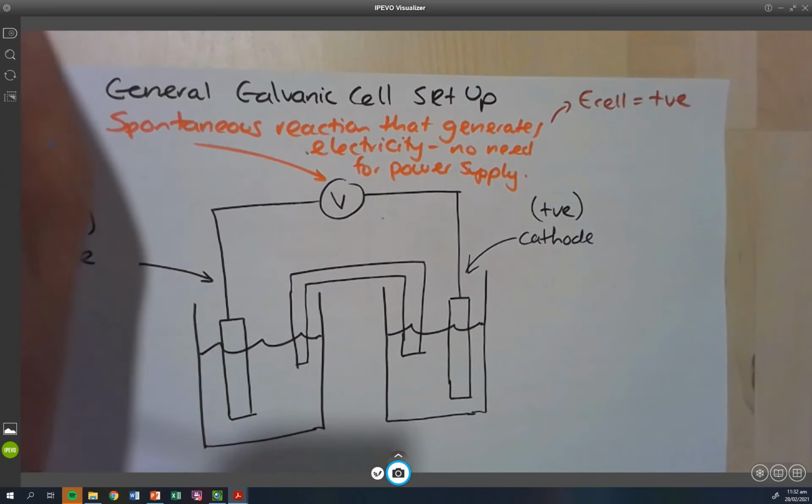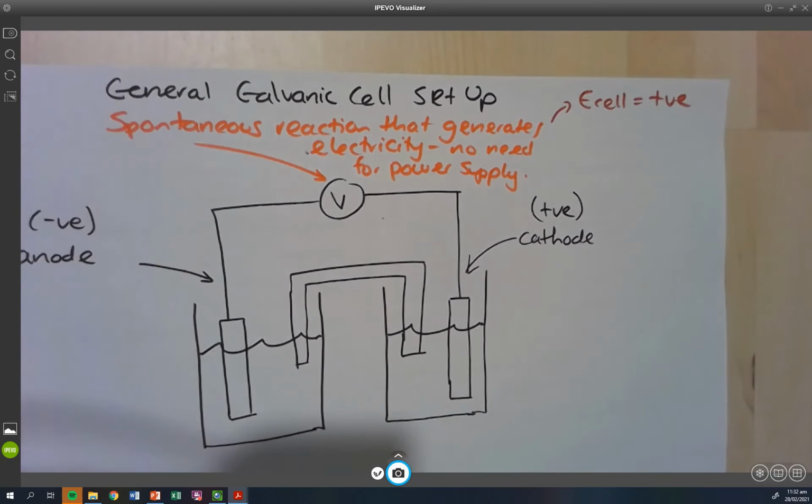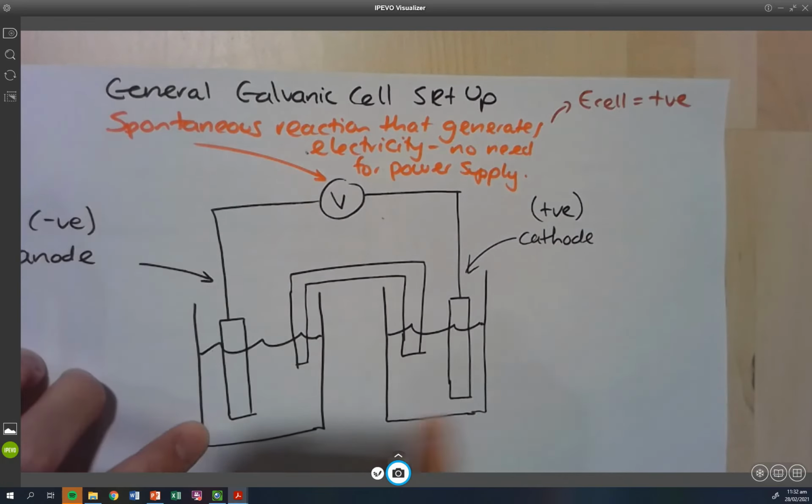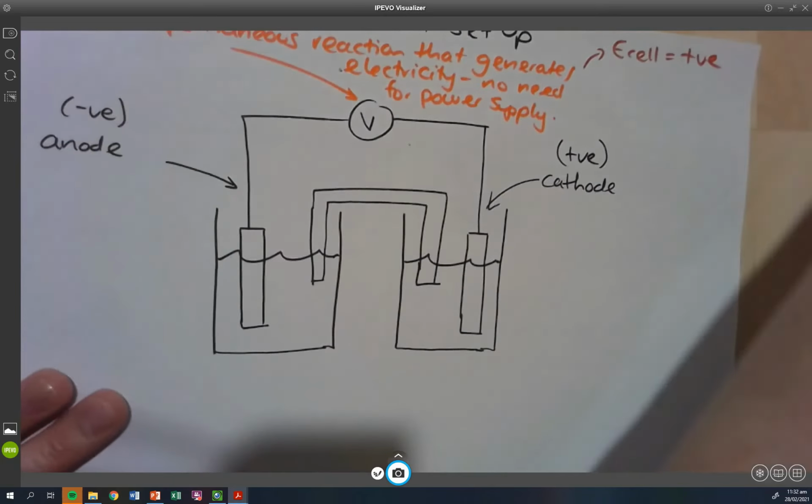The other thing that we need to note as general patterns, key standout features, is that you will notice there are two beakers here, whereas with the electrolytic cell, there's only one beaker.